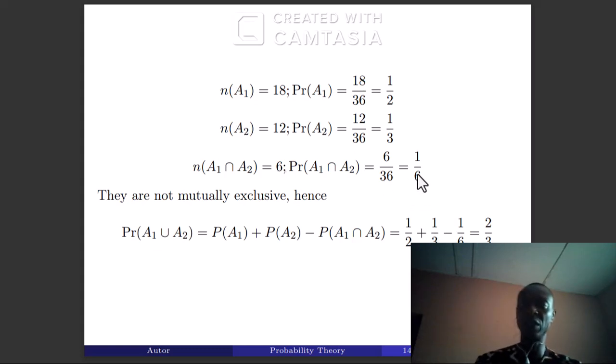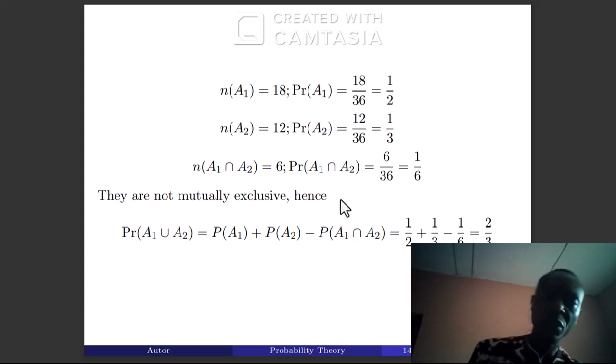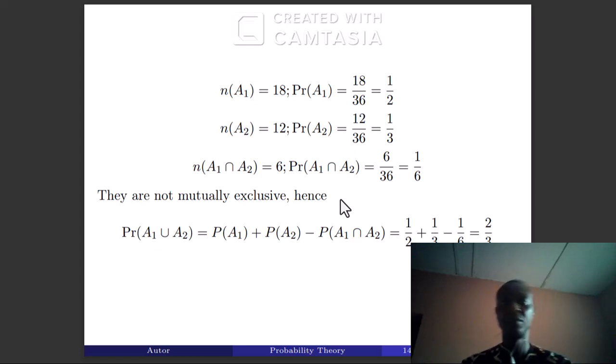So eventually we get 1 over 6. So they are not mutually exclusive. Hence, the probability of either divisible by 2 or divisible by 3 equals probability of A1 plus probability of A2. Remember I said we are going to subtract their intersection. So the probability of A1 is 1 over 2, as we got above, and divisible by 3, 1 over 3, minus their intersection, which is 1 over 6. So eventually we get 2 over 3.